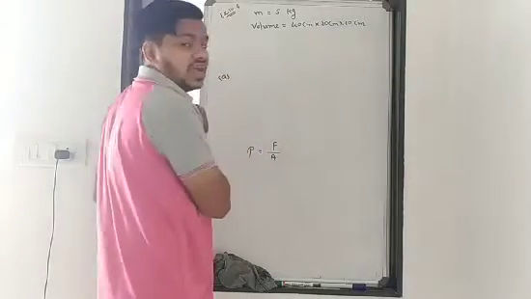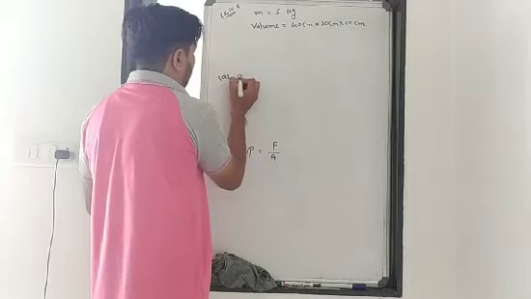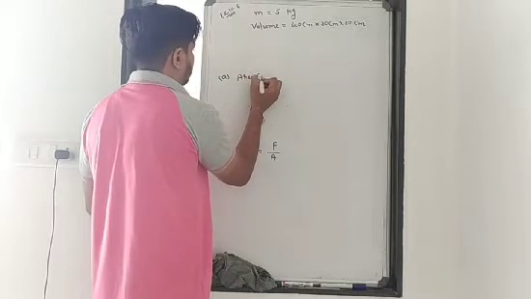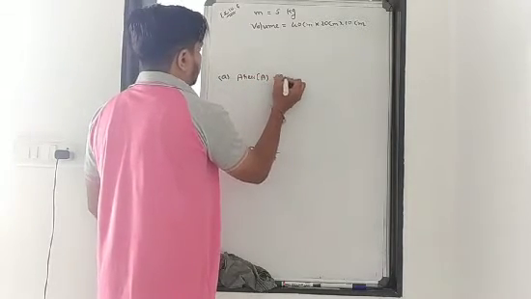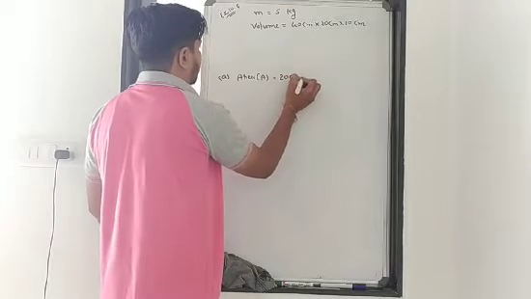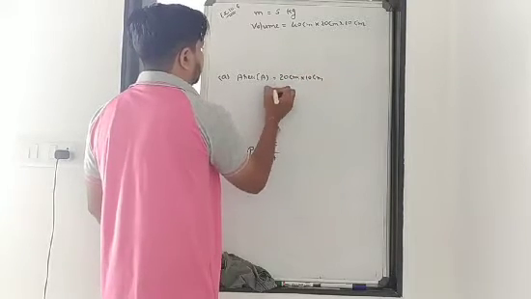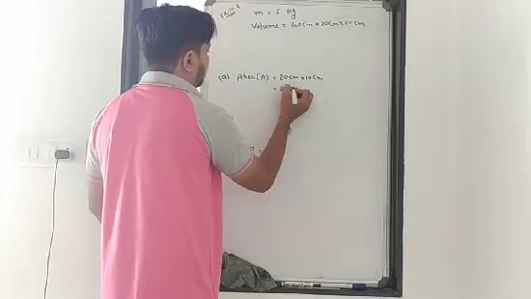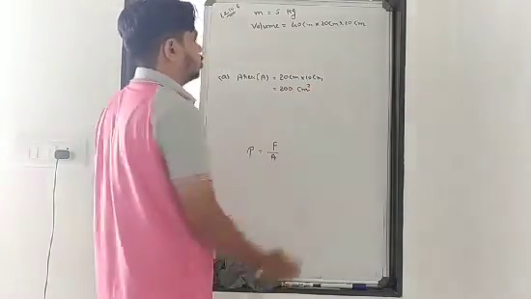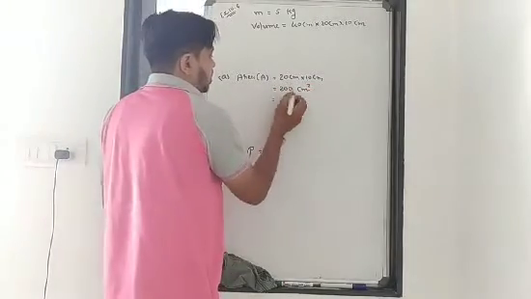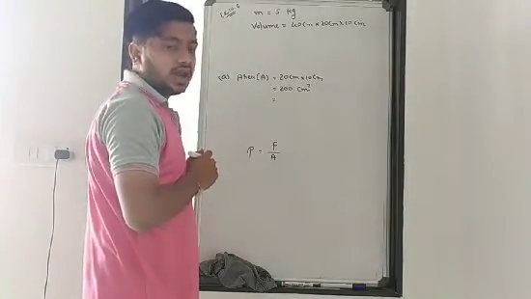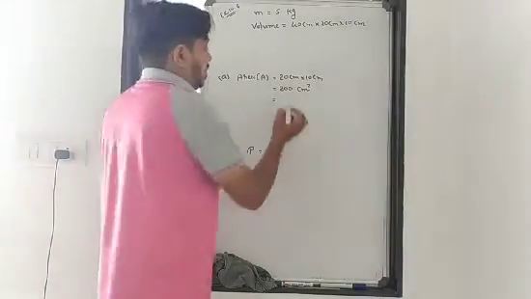Like as A, right? In A, what is the area? The area is equal to 20 cm into 10 cm, which gives you 200 cm square. But as you know, centimeter square, you have to take it as meter square.